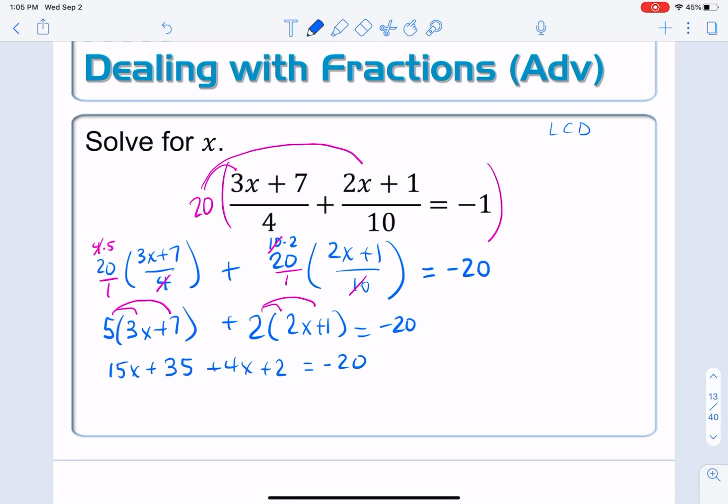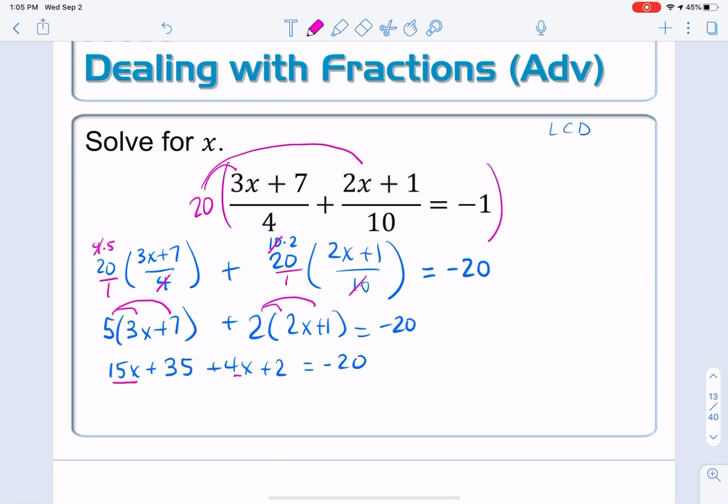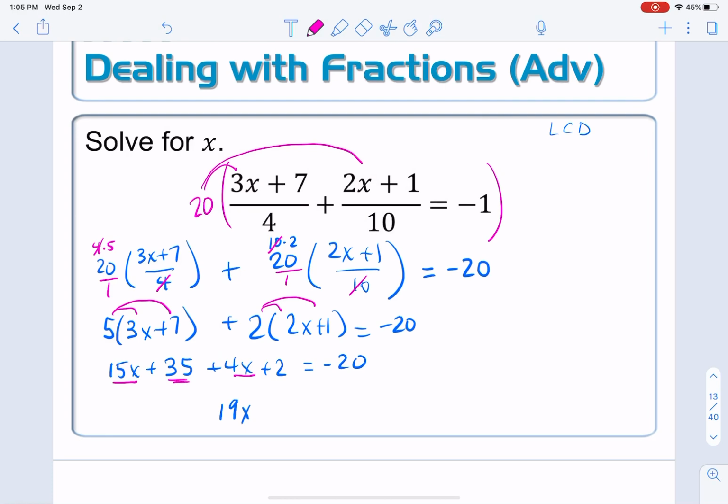I want to combine my like terms because I do have some. We have a 15x, we have a 4x for a total of 19x. And then we also have these constant terms, 35 and 2, to get 37.